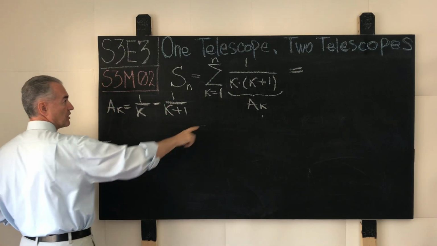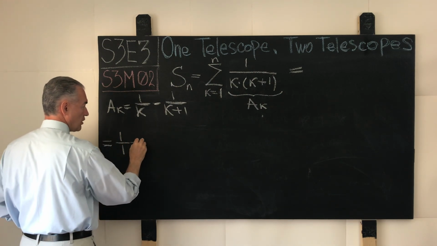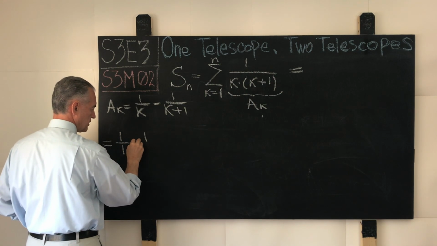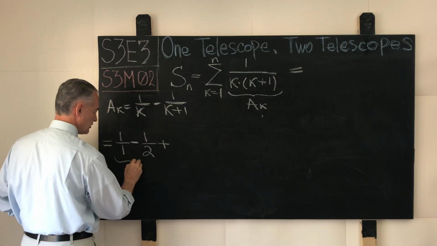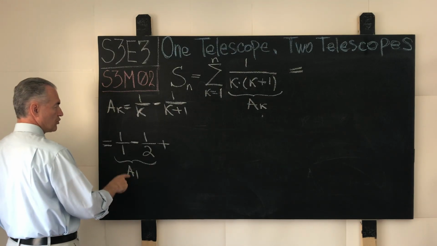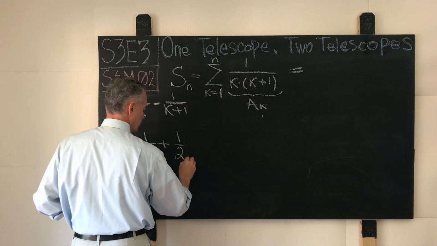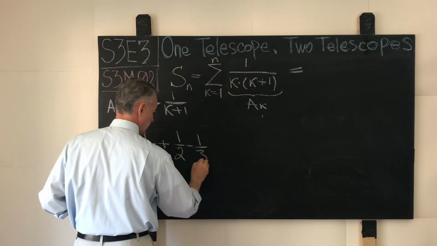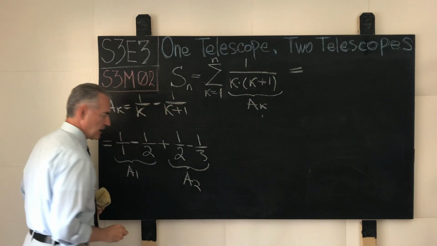So for the first summand, what will we write? 1 over 1 minus 1 over 2 plus. So this represents the term A1. What will be the term A2? Well, it will be 1 over 2 minus 1 over 3. See, this is the term A2.